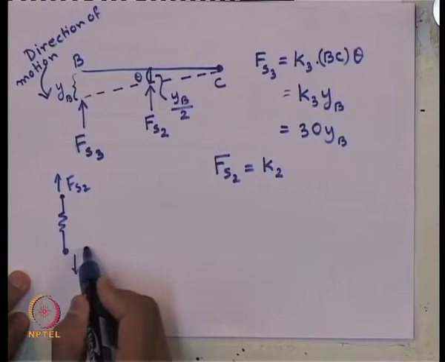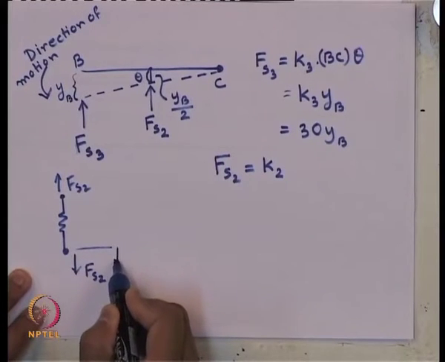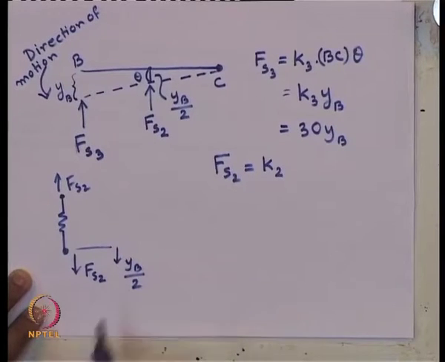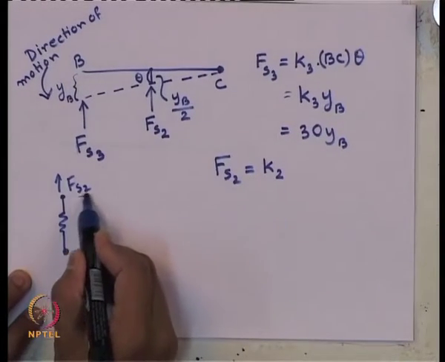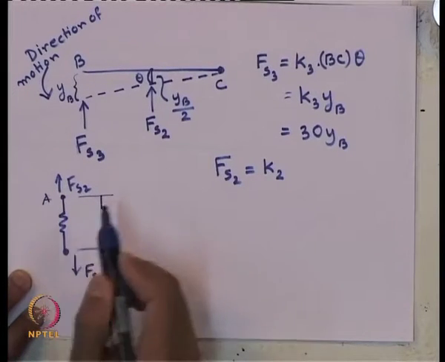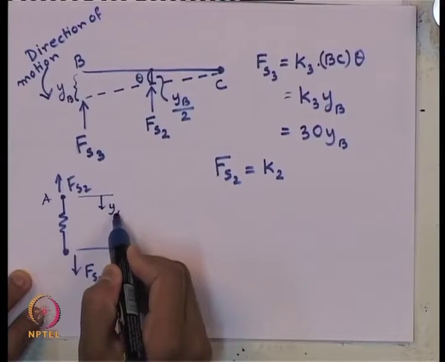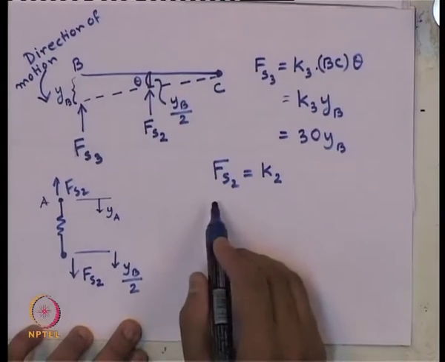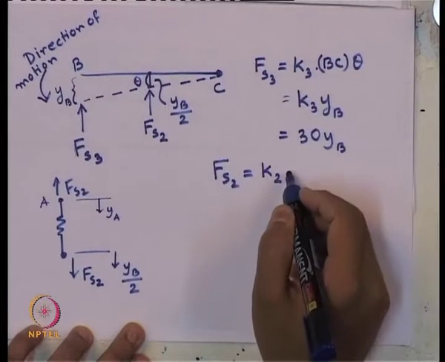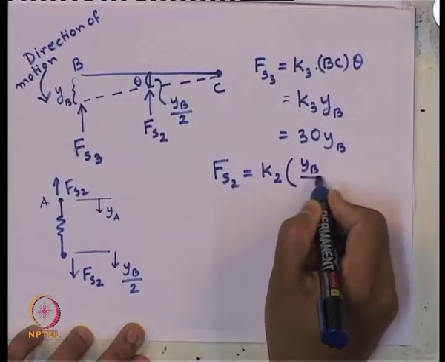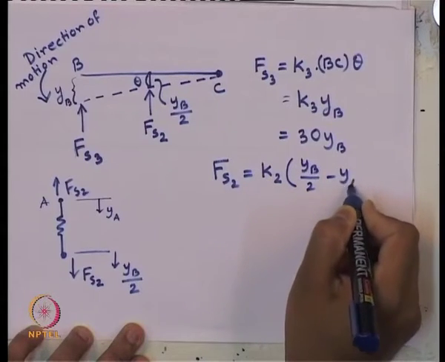And how much is the displacement of this end? It is y b by 2 in downward direction. Let us assume that at end A, its displacement is y a in downward direction. So, F s 2 will be k 2 times the relative displacement y b by 2 minus y a.